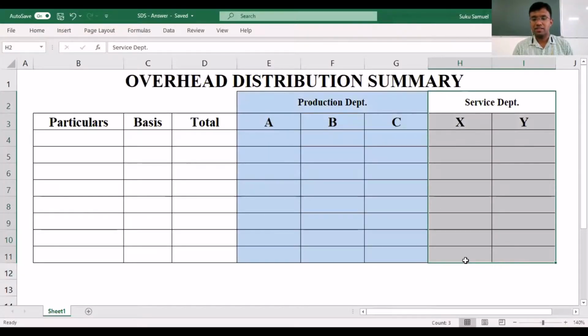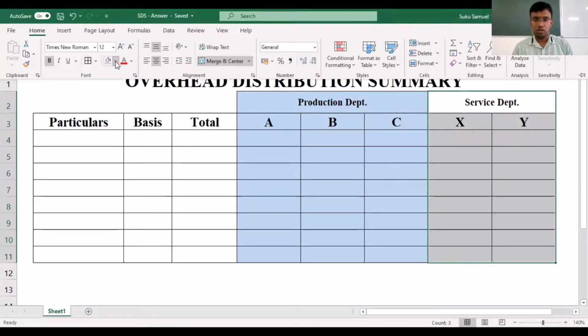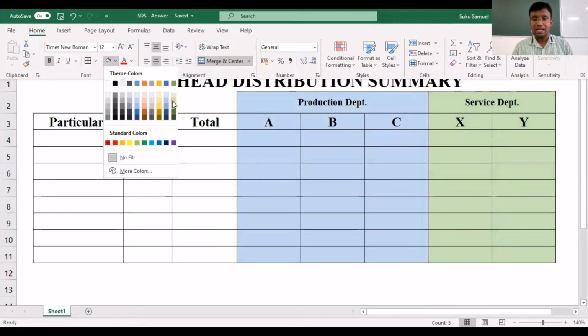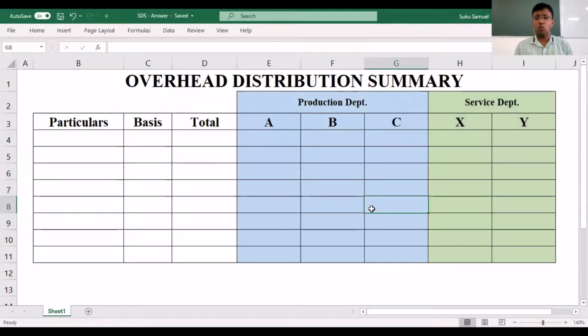X and Y are service departments, and service departments do not generate any revenue, and in fact whatever overheads are assigned to the service departments need to be reapportioned back to the production departments. So on that note, let us start off with the numerical.